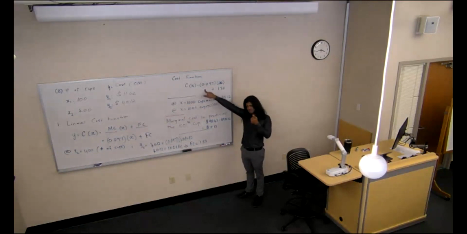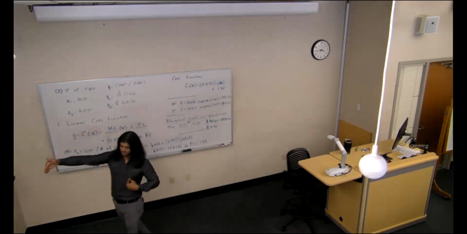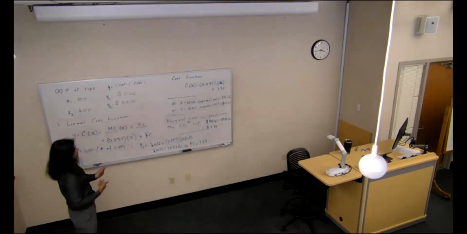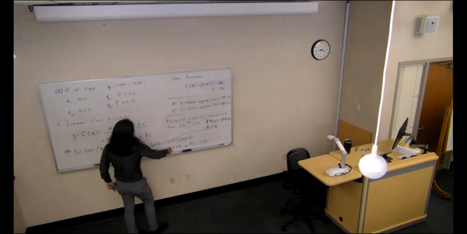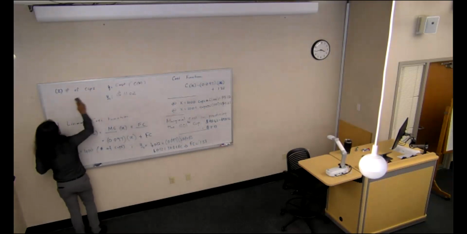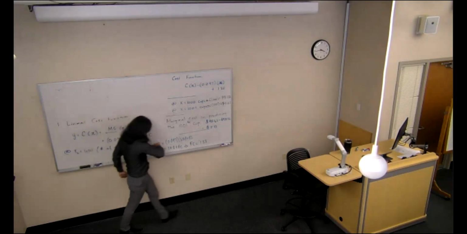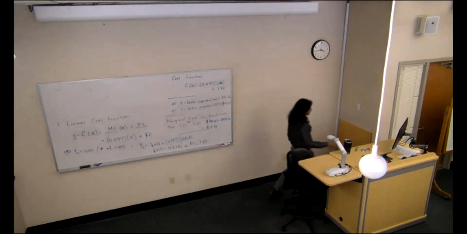Good. Typically, we don't look at the 1000th and 10th cup, rather first cup, second cup, that's it. So instead of doing that calculation each and every time, one can simply look at the slope, which is the marginal cost.